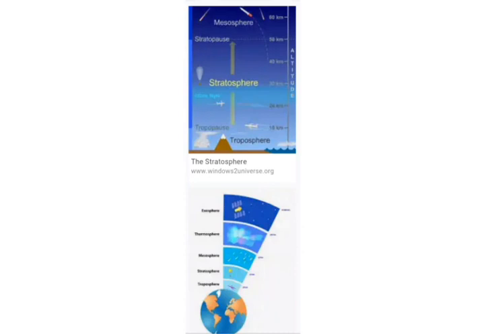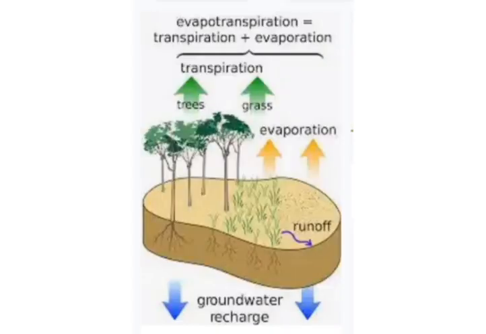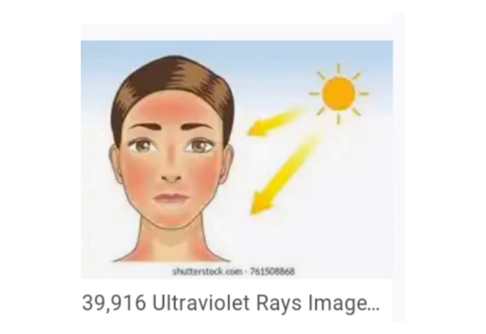Sunspots can also affect the level of rainfall you have. Right, guys, this is an example of the representation of the stratosphere, of evapotranspiration, and of ultraviolet rays and its effects.